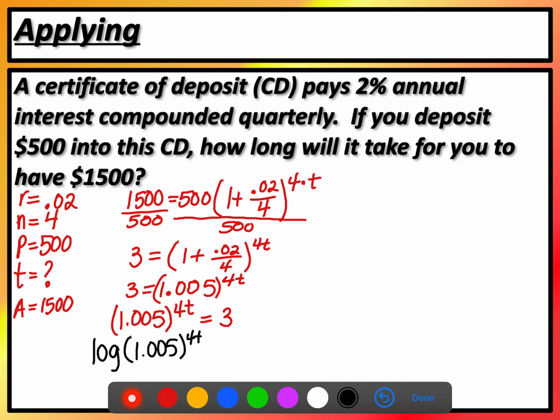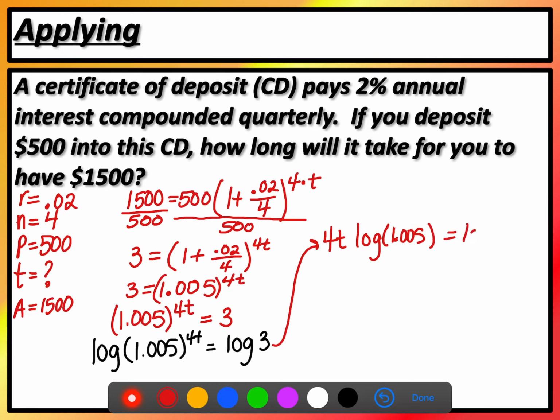Okay, so I have an exponential equation with two different bases. So we're going to use the common log. So we're going to bring 4t to the front using my properties.